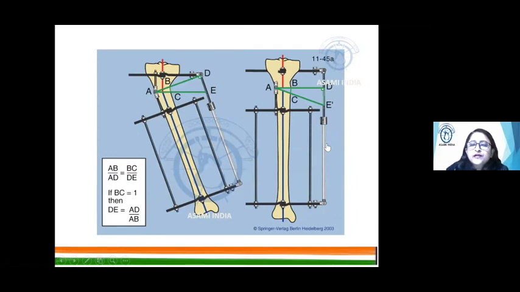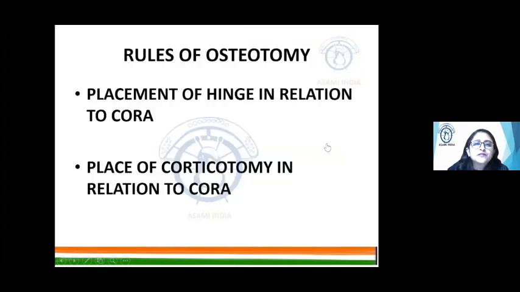About the rule of triangles and all, we will discuss in the next masterclass. So I'll skip this. Coming to the rules of osteotomy, they take into consideration two things. First is placement of hinge in relation to the CORA, and placement of corticotomy in relation to the CORA.